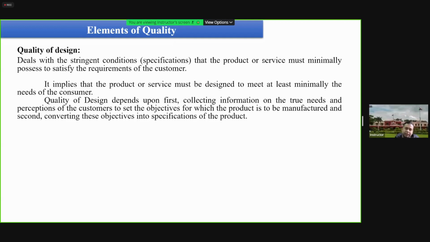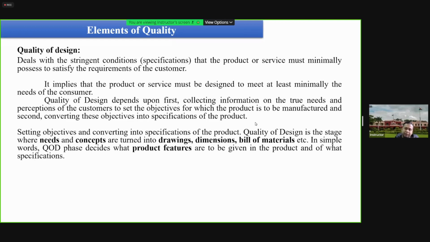or drawings, dimensions, and then we decide what features are to be given into the product and of what specification. So primarily after getting the needs, we convert those needs into drawings, dimensions, bill of materials, files, and then decide on the specification.